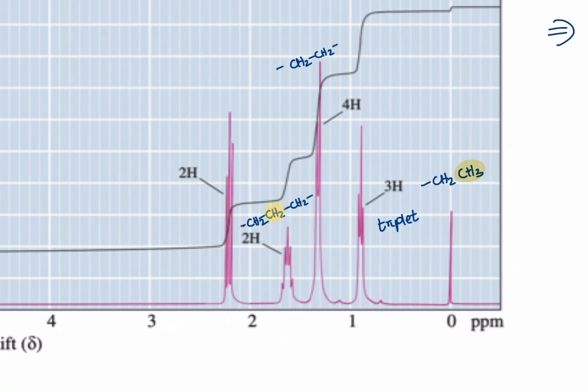So this CH2 corresponds to that. Now let's go on to the next one. Here we see a triplet, which means these protons are also adjacent to a CH2 group, which also corresponds to a methylene group.